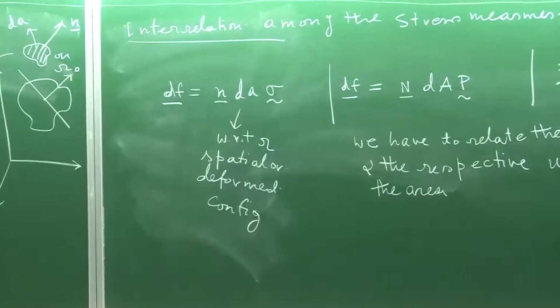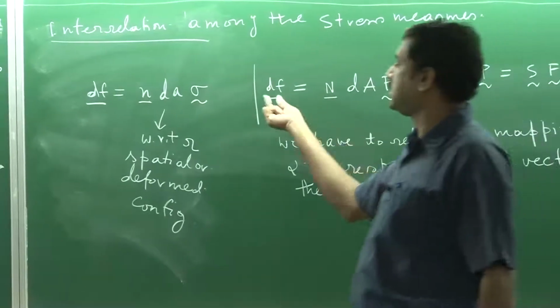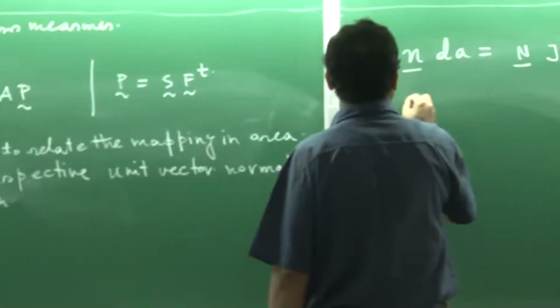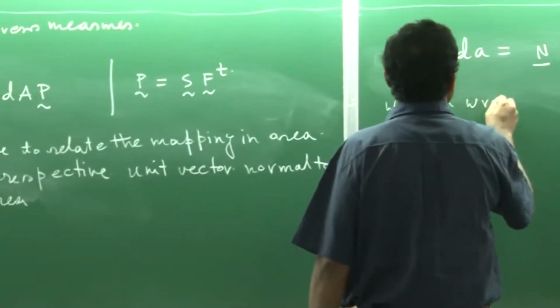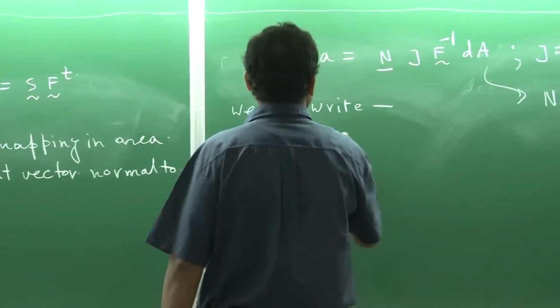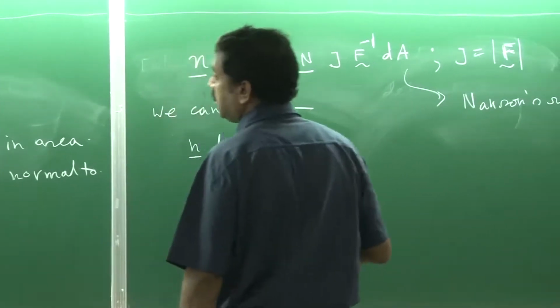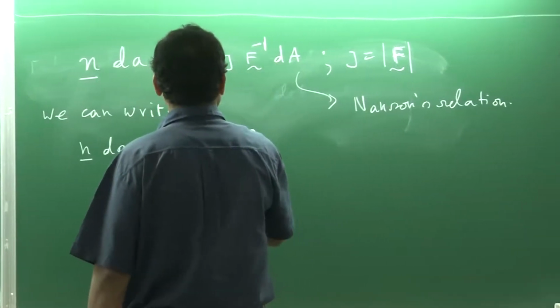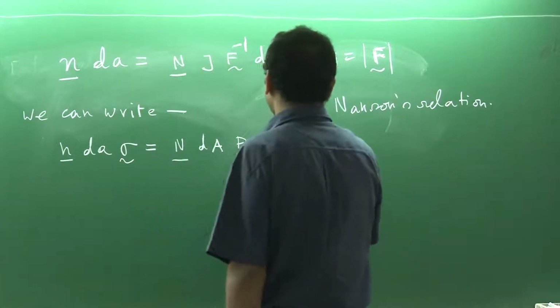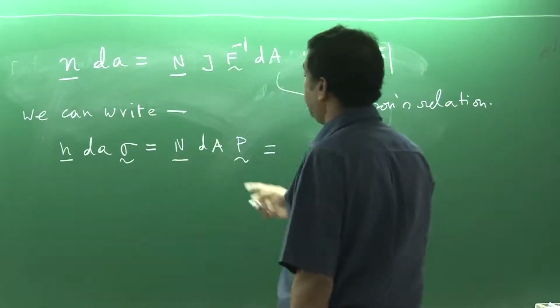If you combine this, because the right hand sides of these two are the same, what can we write? Now we can write that n bar dA sigma tilde is nothing but capital N bar dA inner, and then what is n bar dA?